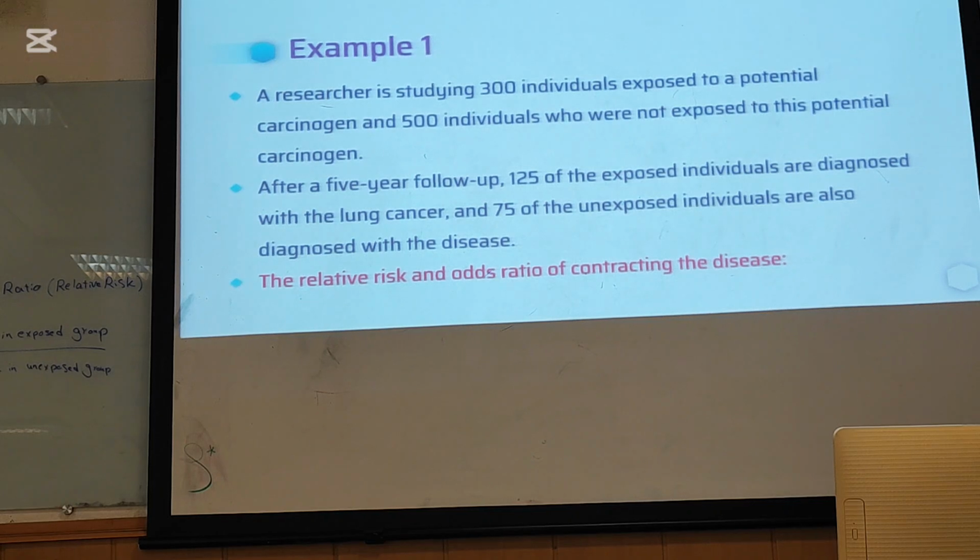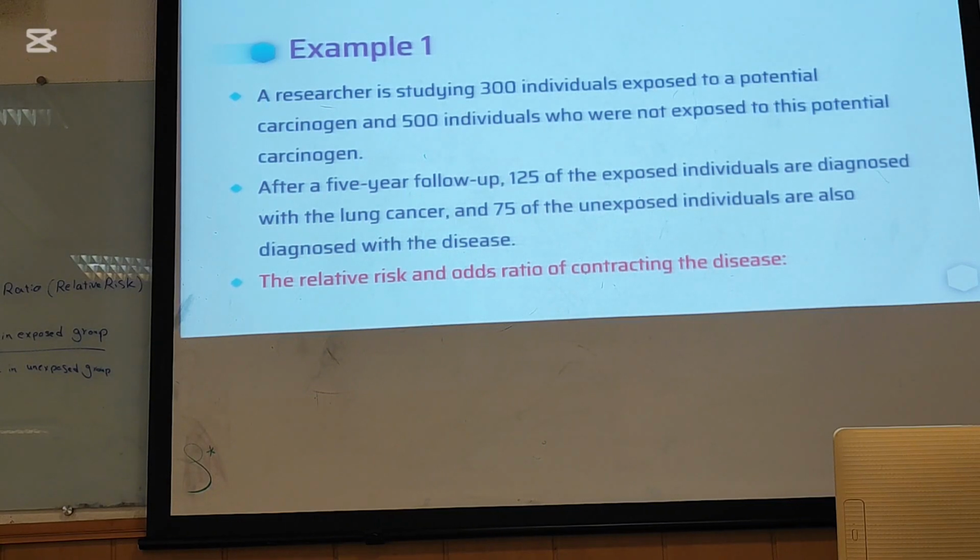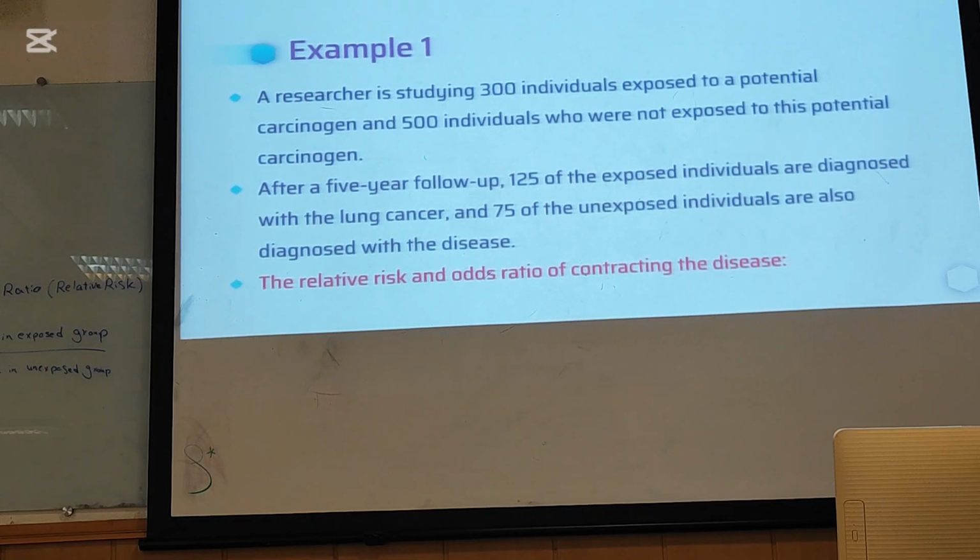So far, we learned two indices to assess an association in a cohort study, relative risk and odds ratio. Okay?